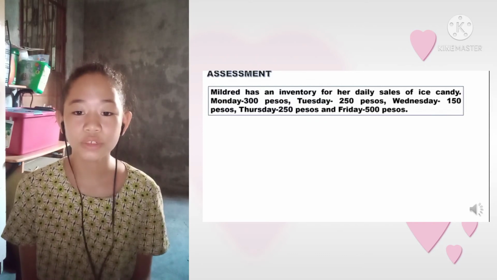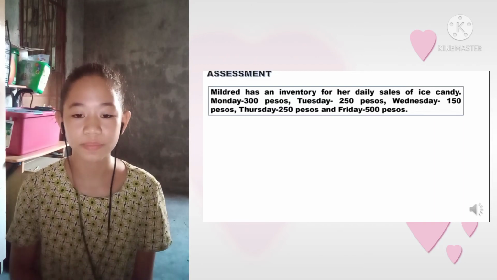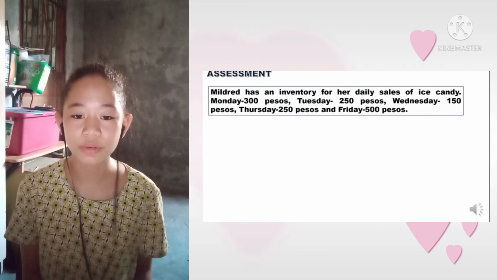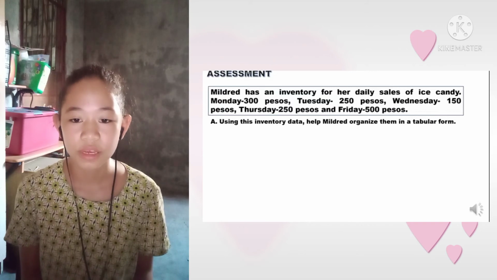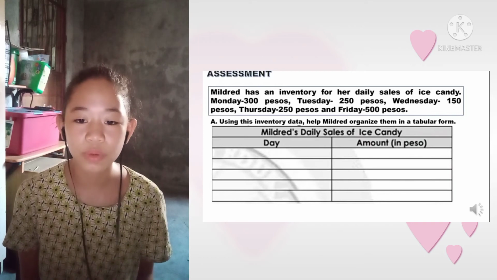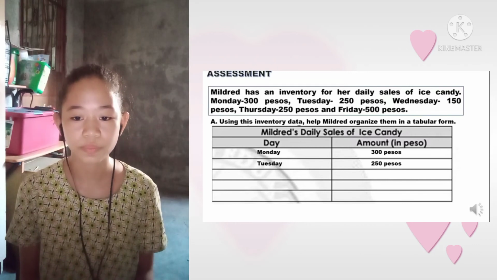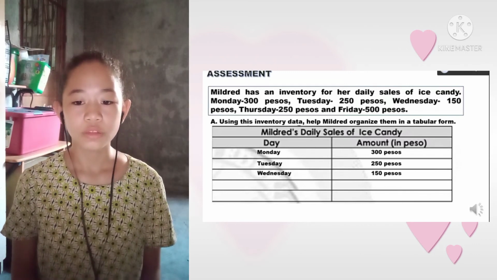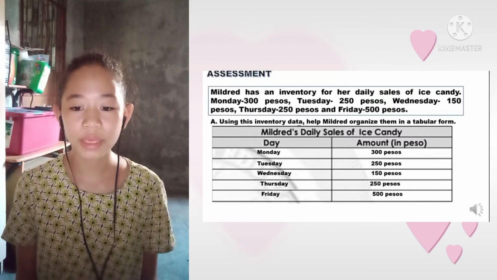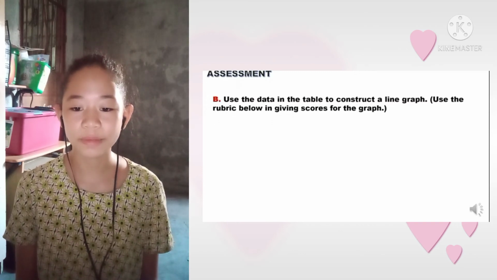Mildred recorded her daily sales of ice candy: Monday, 30 pesos, Tuesday, 250 pesos, Wednesday, 150 pesos, Thursday, 250 pesos, and Friday, 500 pesos.